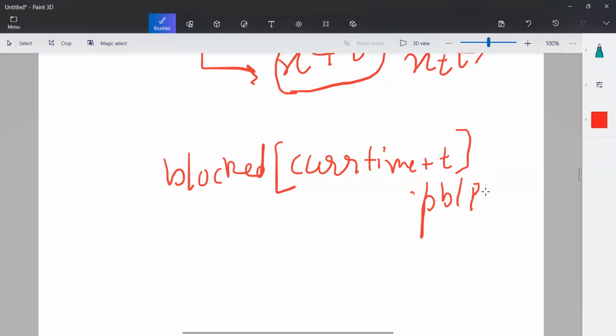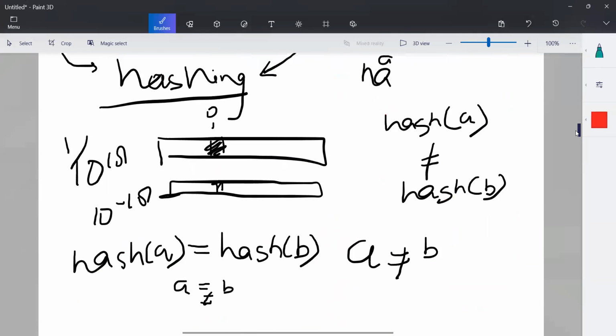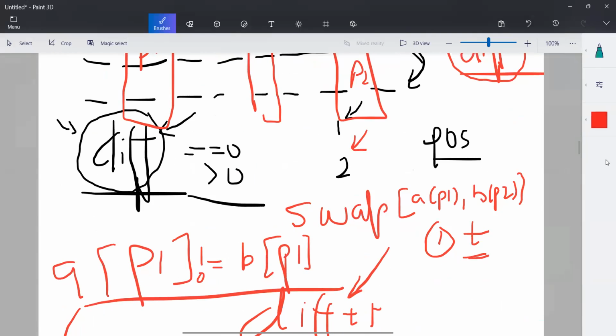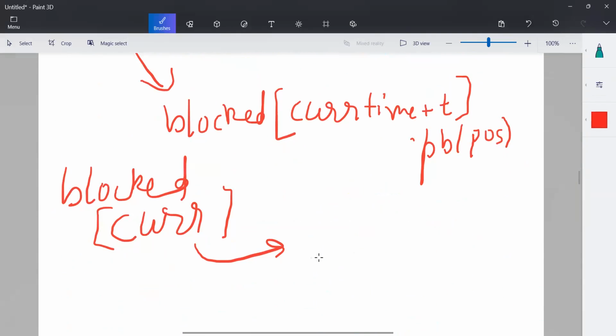This is the position, for my first query. This way I have blocked this character, and afterwards I'll check if, at the current time, there are some values in blocked of current time; for all of these values I'll unblock them. While unblocking, I have to do the reverse: I'll check if A at this position is not equal to B at this position.